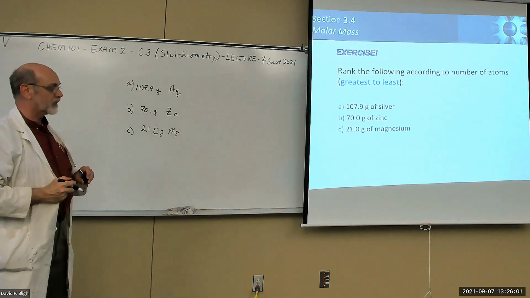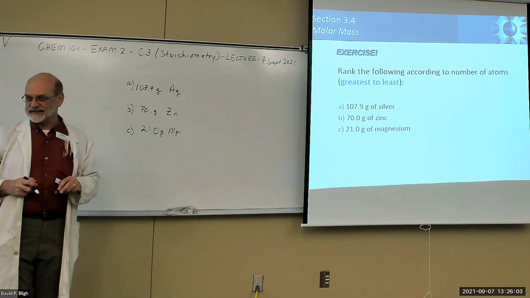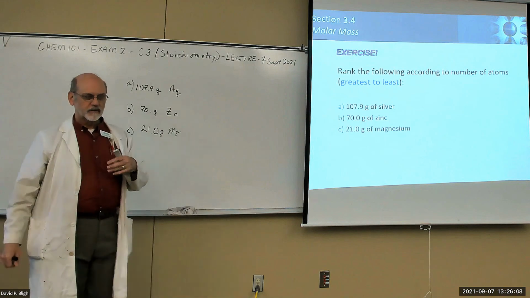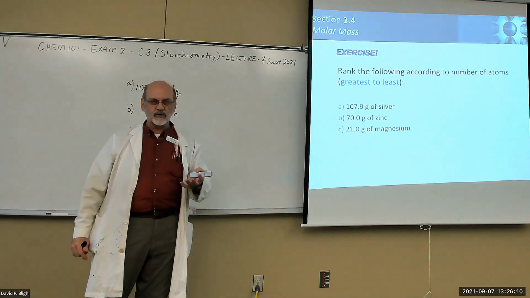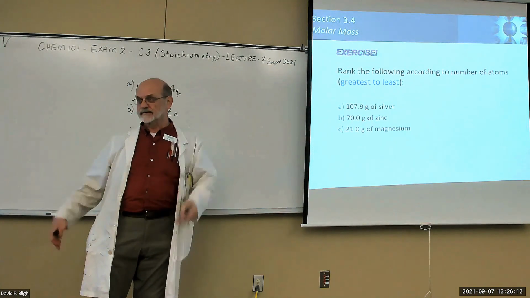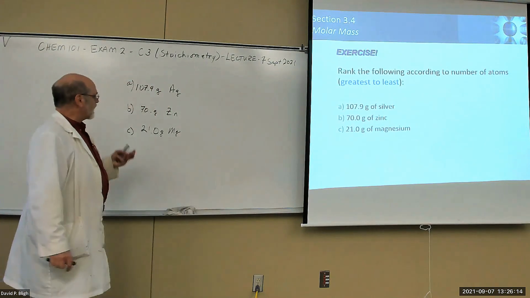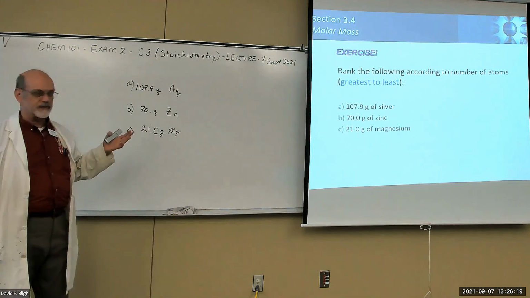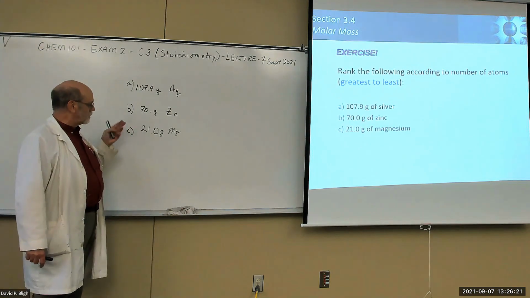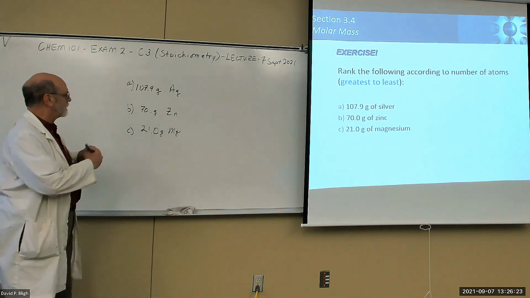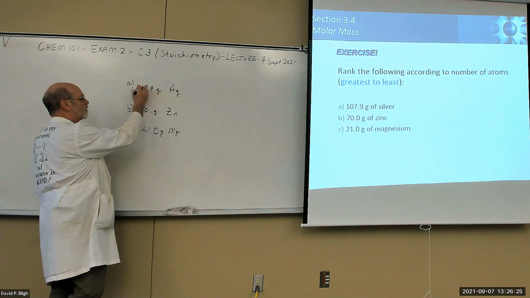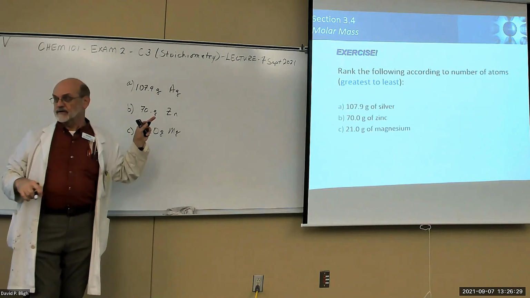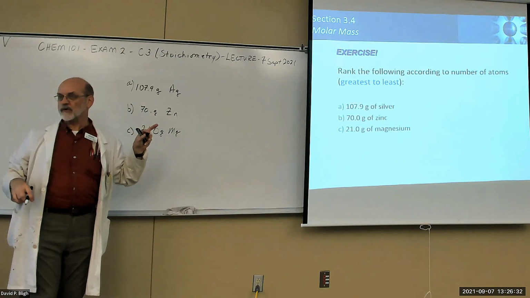Now, we want to rank these in order of greatest to least. And if I hadn't said it before, when you're ranking something, when you put things in order, I always nail down the ends. But it's not that difficult here because we're looking for the number of atoms. And if you look at the numbers and compare them to their molar masses with only 3 values, we should be able to order them really quickly.